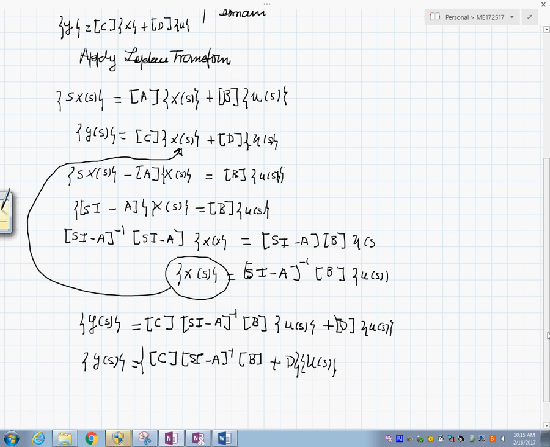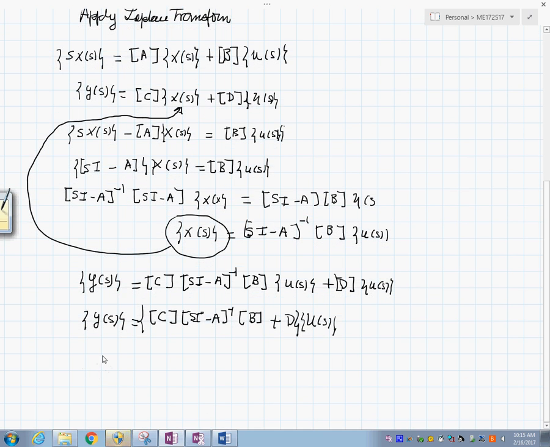If this is the case, then it follows that we can write this ratio that we are looking for.